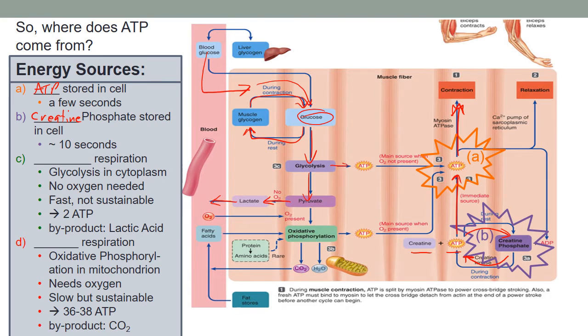When we do that, we make 2 ATP. That process, doing glycolysis and making lactate, is called anaerobic respiration. It uses the process of glycolysis in the cytoplasm.